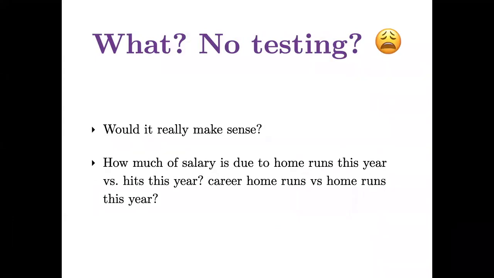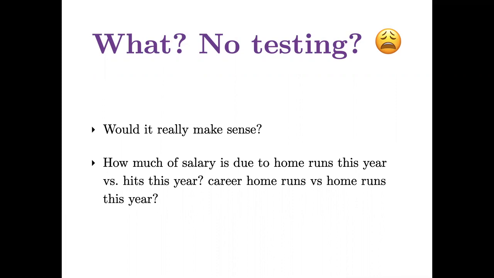The point I like to make about this is, students sometimes get bent out of shape when they learn that they can't do hypothesis testing. What I want you to keep in mind is that with these techniques, we're trying to solve severe multicollinearity. If I have severe collinearity in my data, would it really make sense to try to do hypothesis testing to tease out how much of someone's salary is due to home runs this year versus, say, hits this year, or career home runs versus home runs this year?